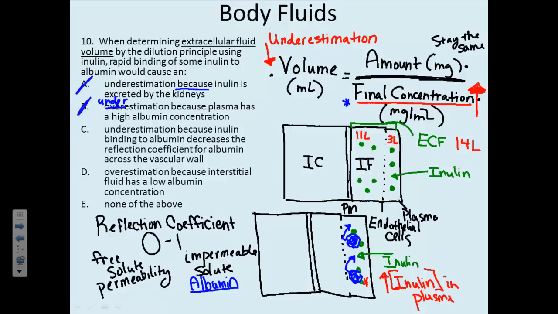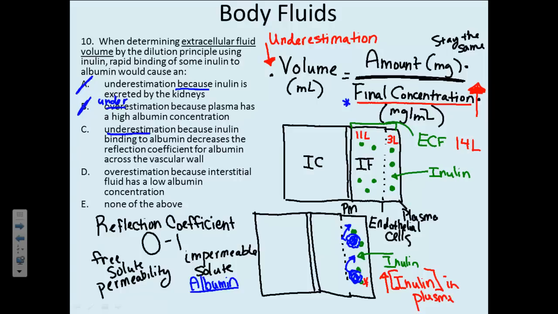If you have compounds that are binding to the albumin, it should, if anything, make it more difficult for that molecule with its associated solutes to move across the endothelial cell wall. So that response in and of itself doesn't really make sense. What we should see is, if anything, there might be a slight increase in the reflection coefficient, but because we're already sitting at 1, you really shouldn't see much of a change.